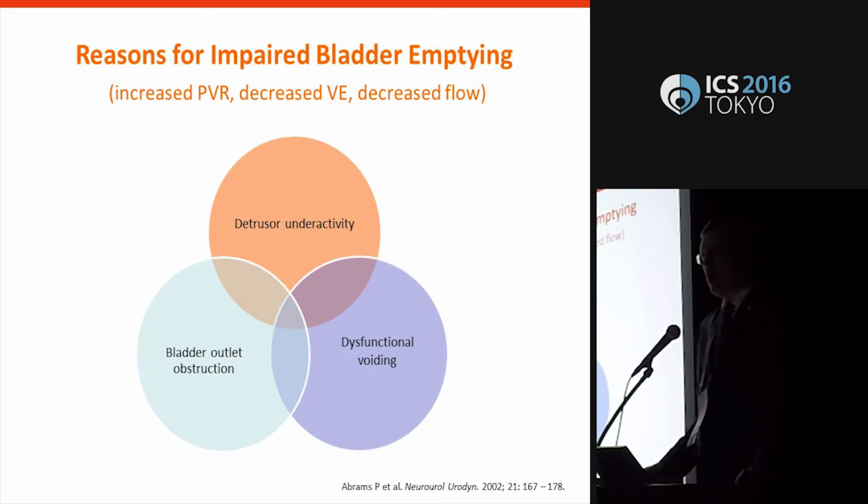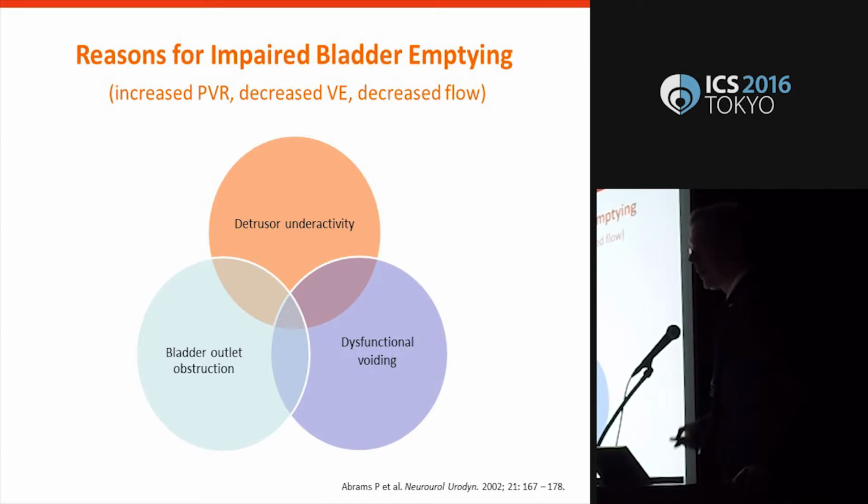In general, when you have a person who cannot void adequately, so he has increased post-void residual urine, decreased voiding efficiency, or decreased urinary flow rate, there are only 3 reasons why he cannot adequately void. It is Detrusor Underactivity, it's bladder outlet obstruction, and dysfunctional voiding is a sort of functional bladder outlet obstruction.